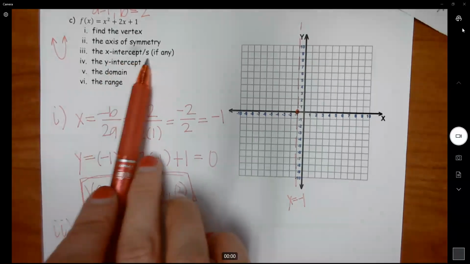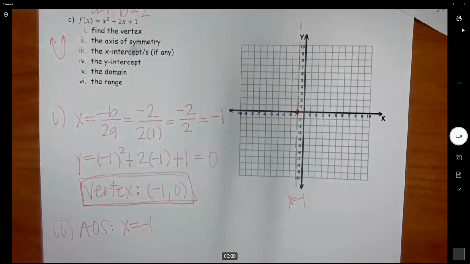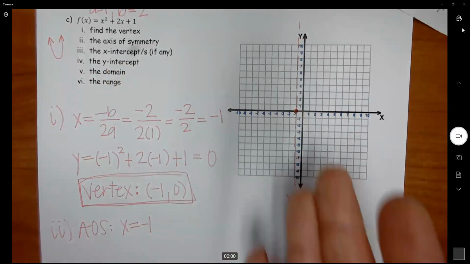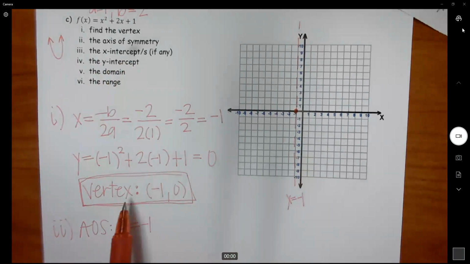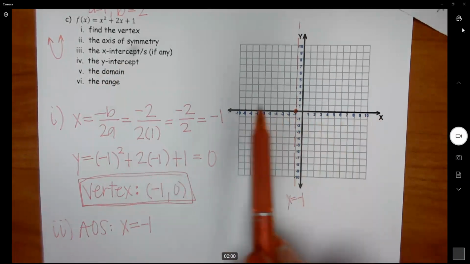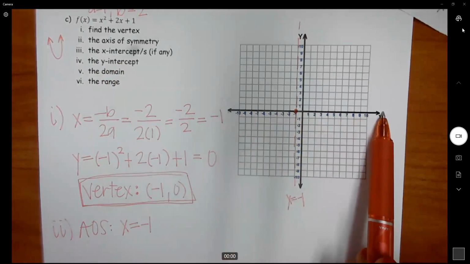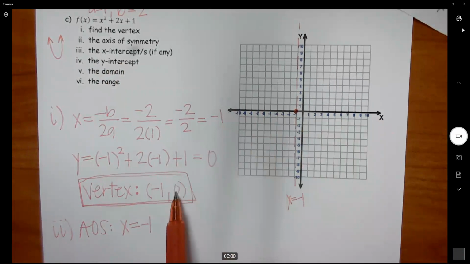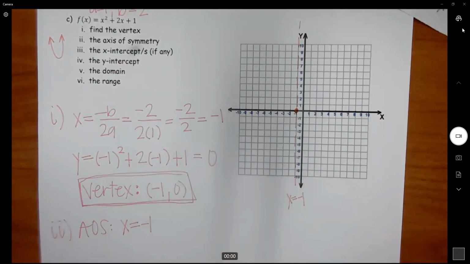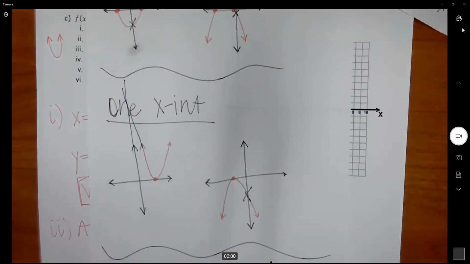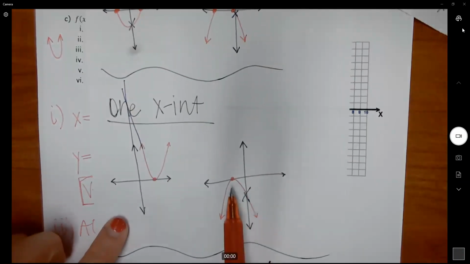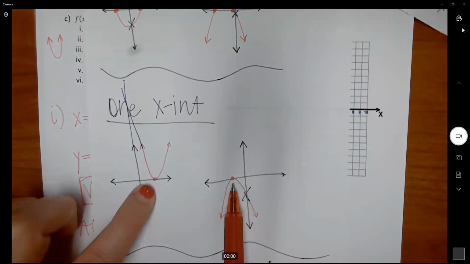Now I need to find my x-intercept. Well, when you look at this, your vertex is right here on your x-intercept. So your vertex is your x-intercept. If we go back to that first one I had, it's these right here where that vertex is that x-intercept.